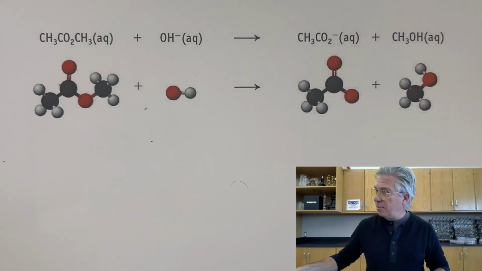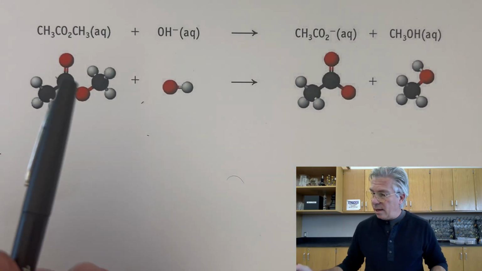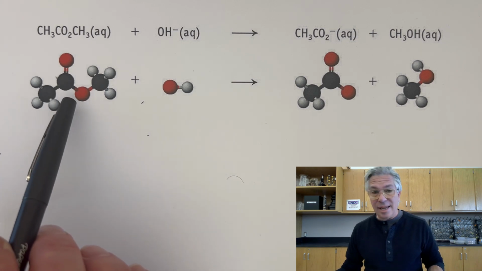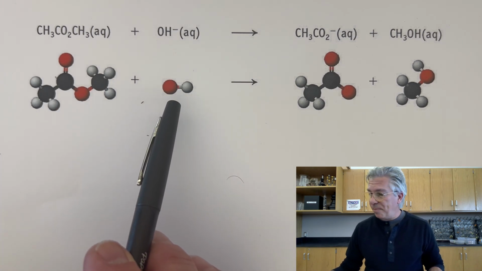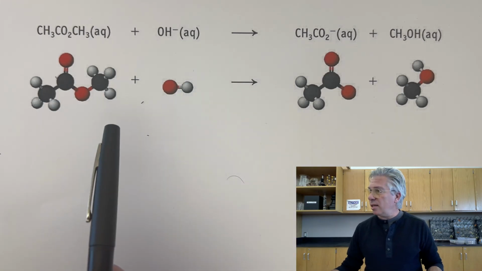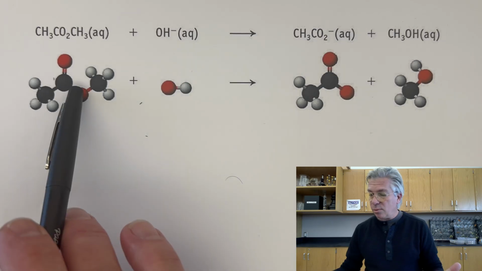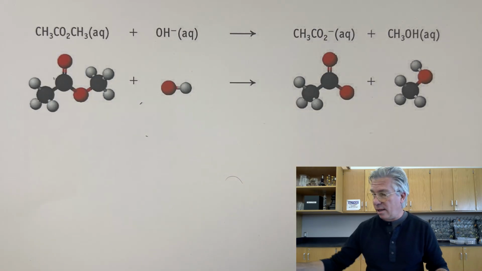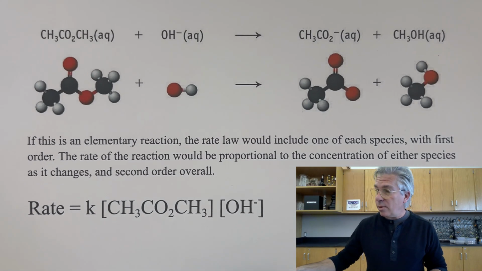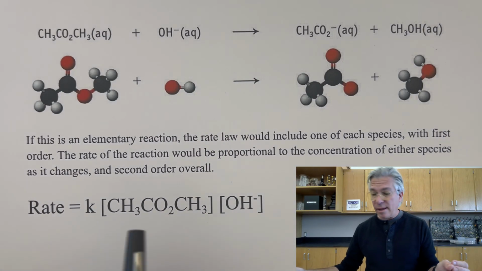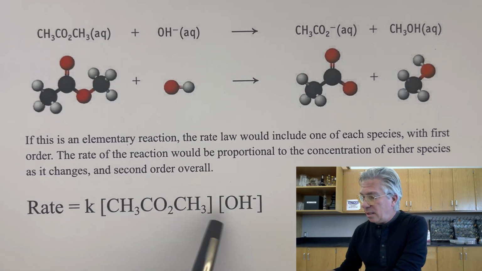Okay, here's another example. We have a hydrocarbon molecule here. This is an ester reacting with an OH. And you might agree by looking at this, well, both of these molecules are pretty darn important because without this, we're not going to have a reaction. Without this, we're not going to have a reaction. So if you're ever asked to write the rate law, hopefully the question would tell you that it's an elementary step because then you can say, oh, I know what's on the left and I can write the rate law based on those two things.